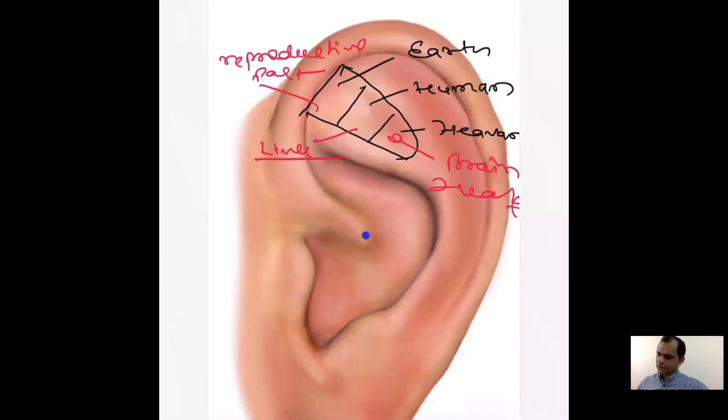So in the heaven, in this upper part, we have the tranquilizer point, the point which is directly connected with the brain and heart. That is called the tranquilizer point, meaning Shenman.